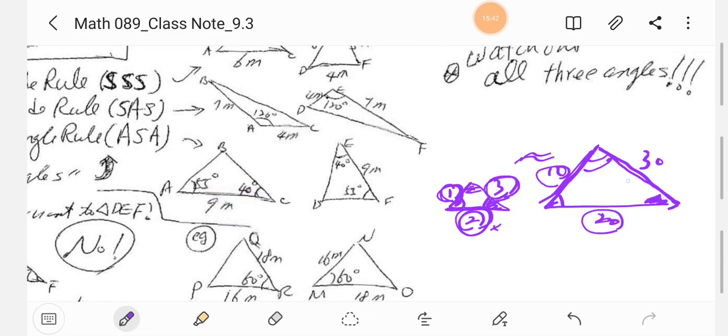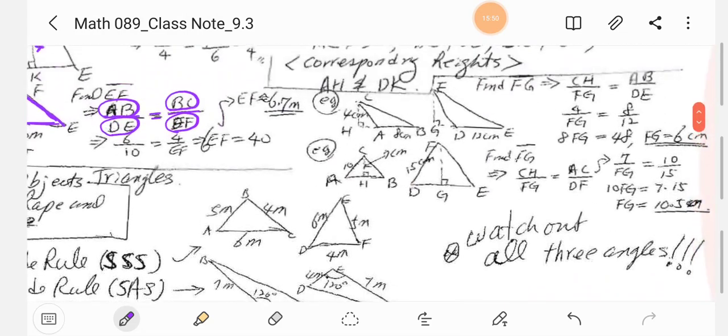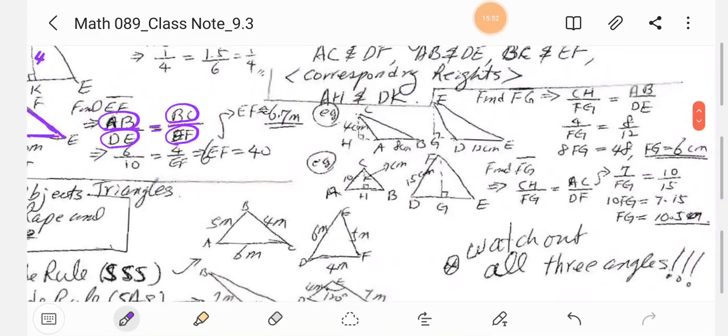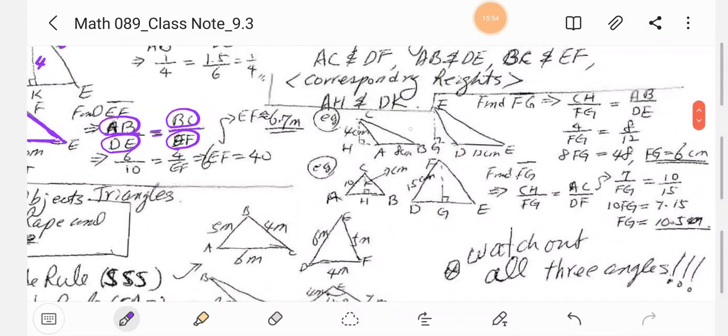The side lengths are all different, right? One is small, medium, and large. So small, medium, large, and they are the corresponding sides. Okay, let's say these two are similar. Is this similar or is this different? Okay, so this is a similar triangle.